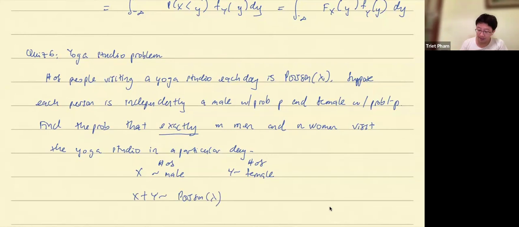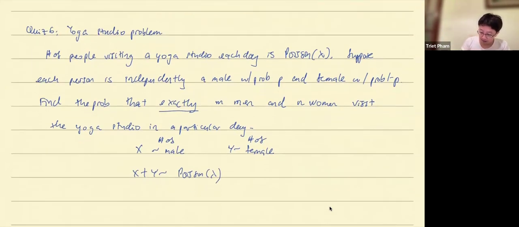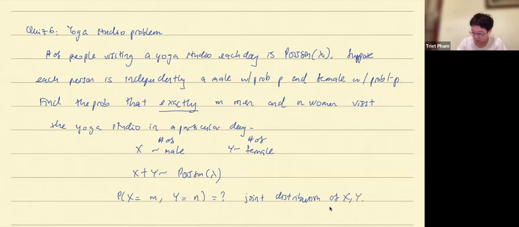What we're being asked is exactly the joint distribution of X and Y. So that's the importance of this question.